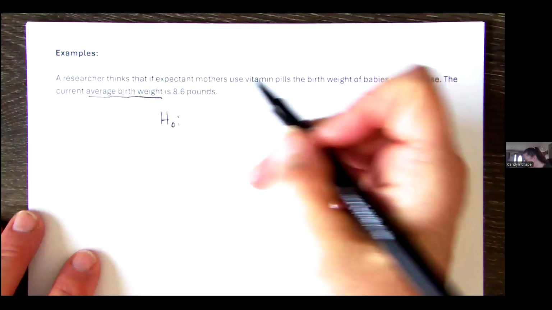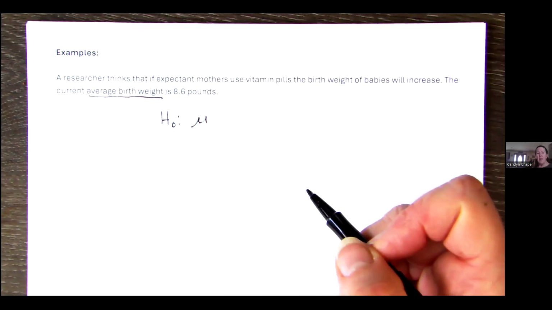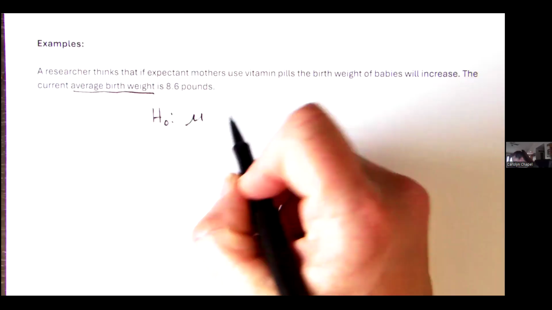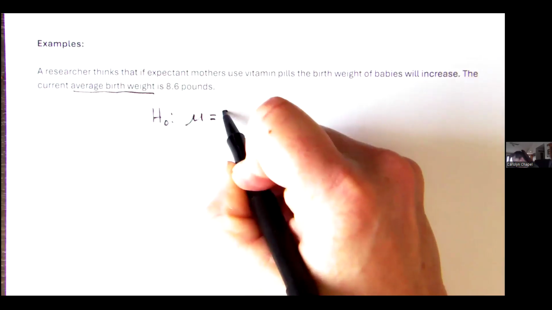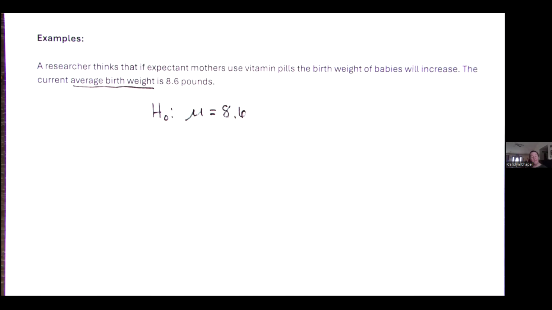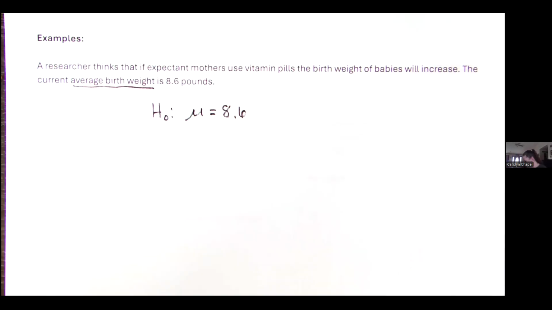That means we are talking about mu, the mean, the average. The belief right now is that it is 8.6 pounds. That's the status quo, that's what we're trying to disprove, so to speak.